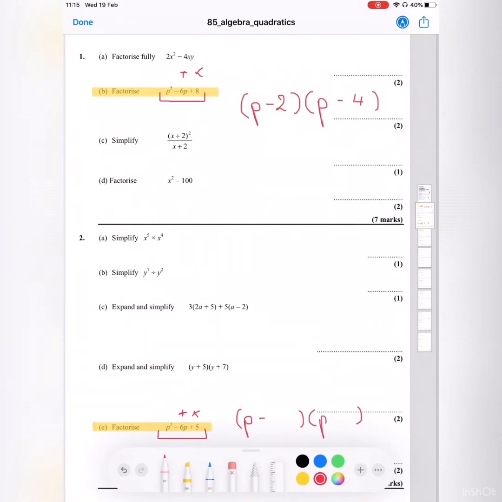And our numbers must both be minuses to get a positive when timesing. So again, we can look at numbers that times to get 5. Well, 5 is a prime number, so the only option is 1 and 5, and we know that must be right because that adds to get minus 6.